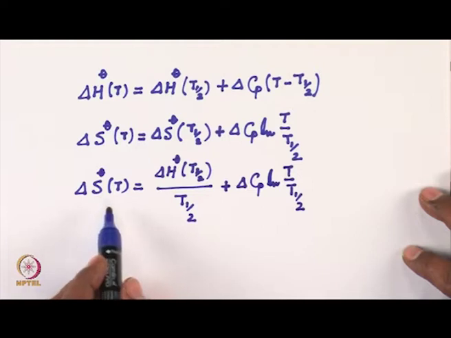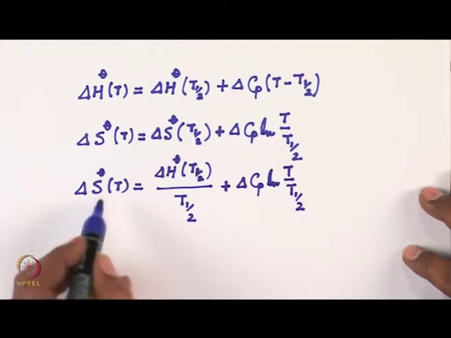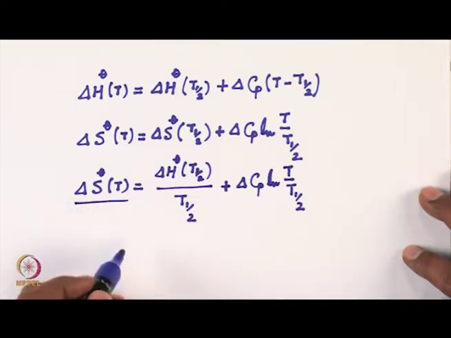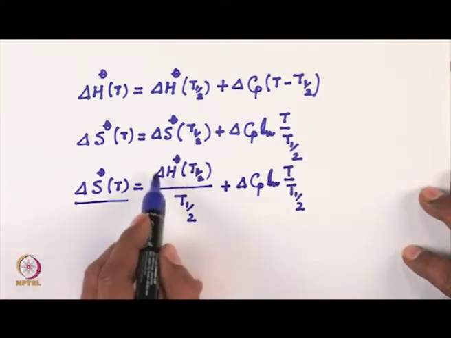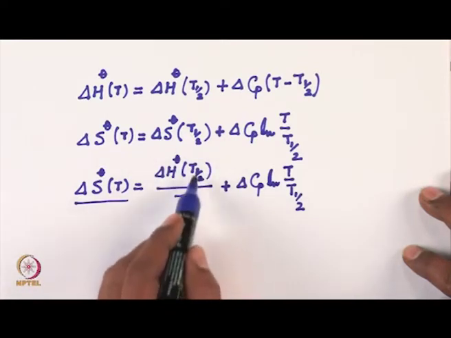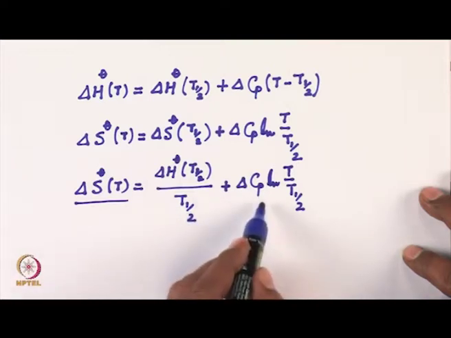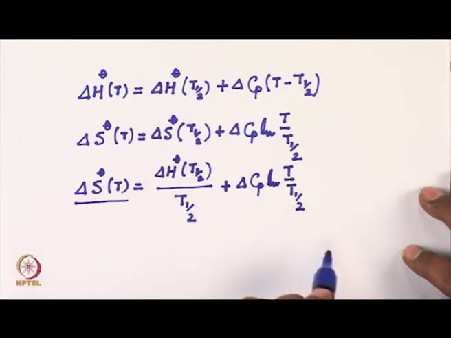And this equation allows me to calculate entropy change at a given temperature from the knowledge of enthalpy of transition at transition temperature and the changes in delta Cp.